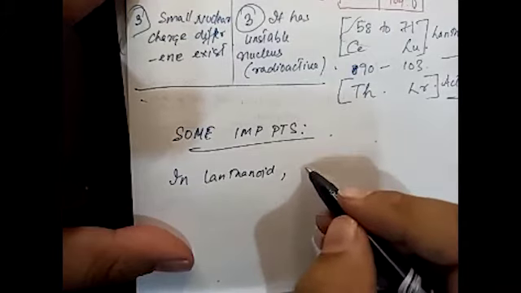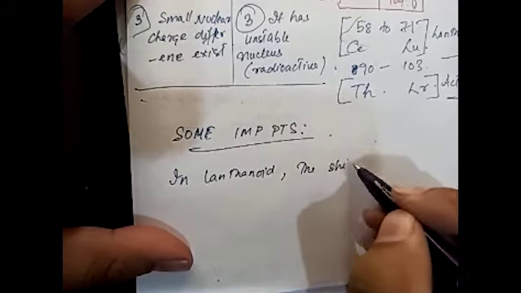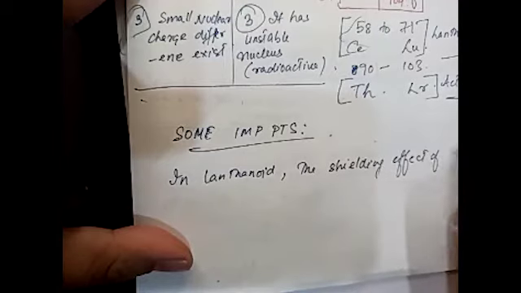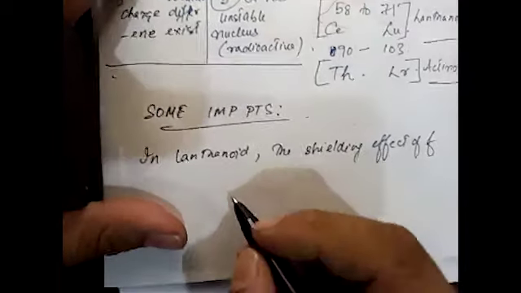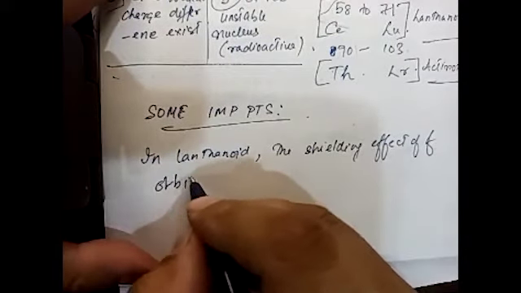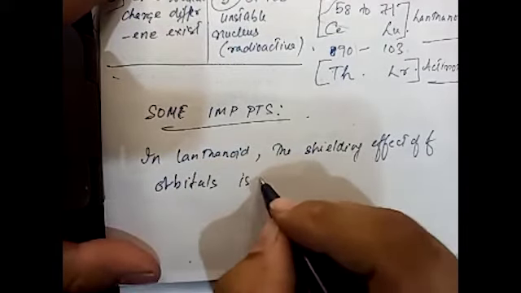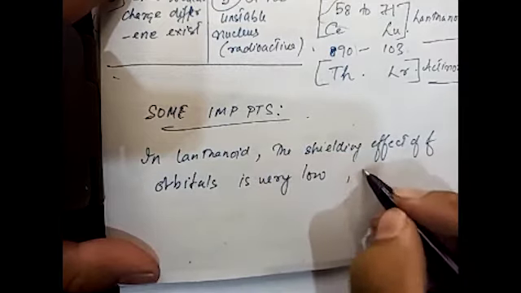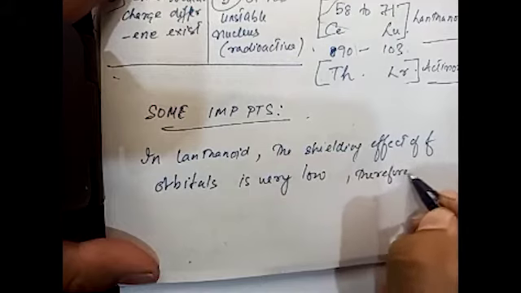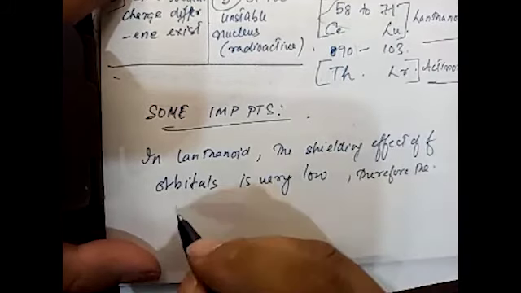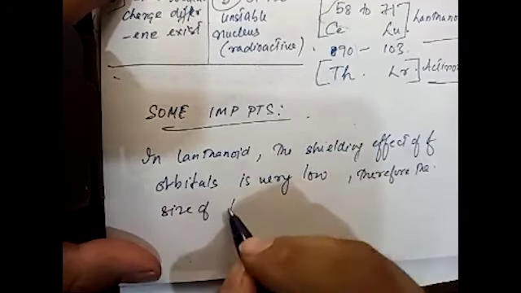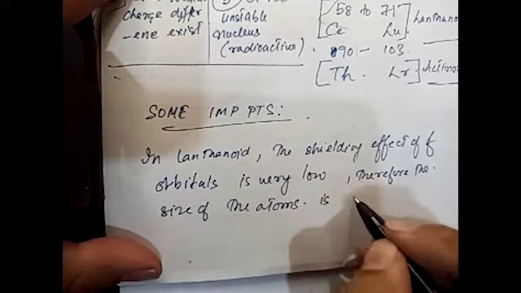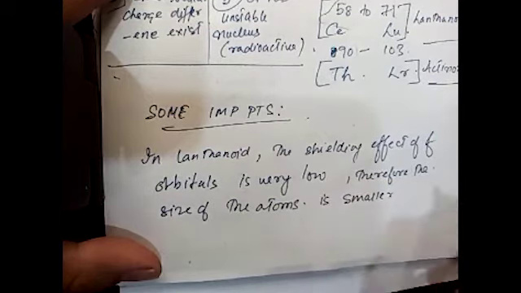In lanthanoids, the shielding effect of f orbitals is very low. Therefore, the size of the atom is smaller than expected. Okay.